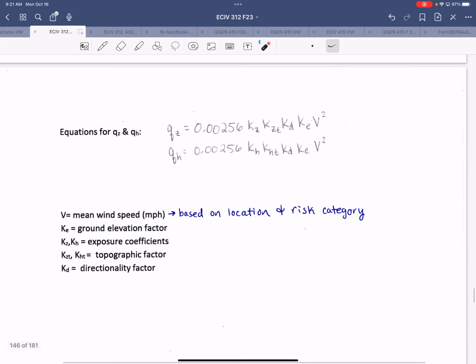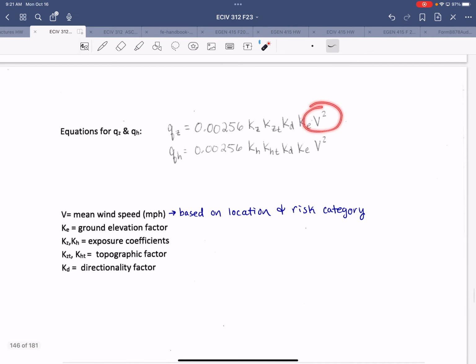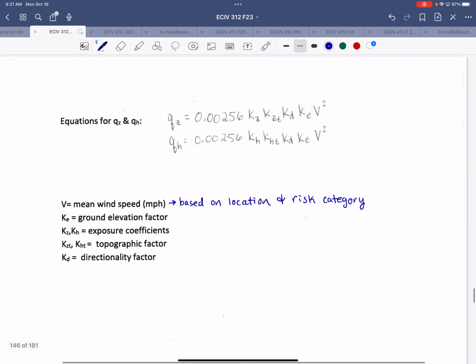You always plug that value into this equation in miles per hour. There is another version of these equations for metric, where you would use meters per second for V. It just has a different coefficient out front. KE represents the ground elevation factor.